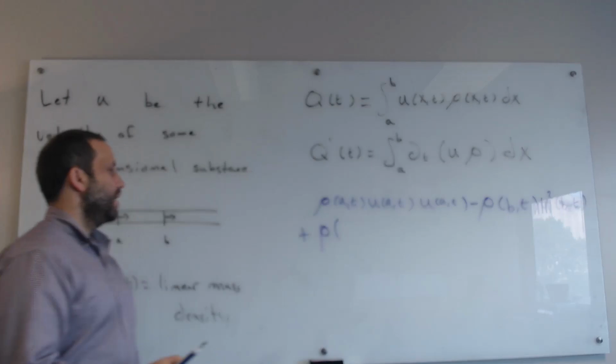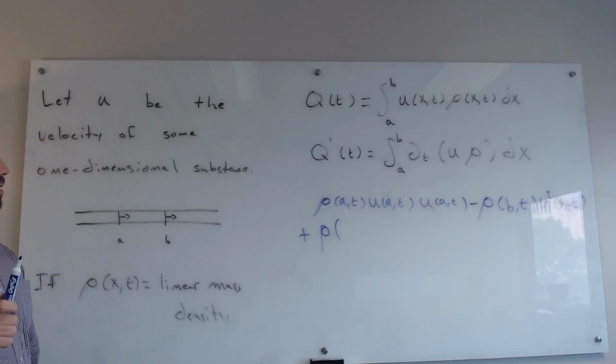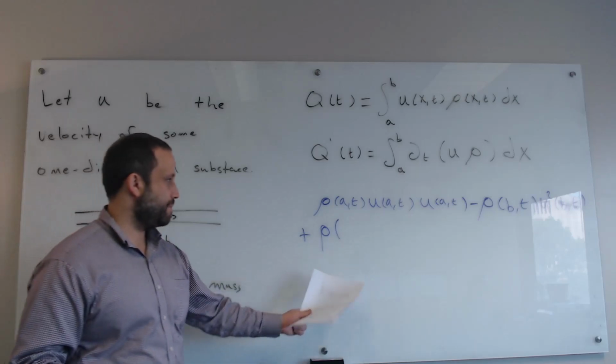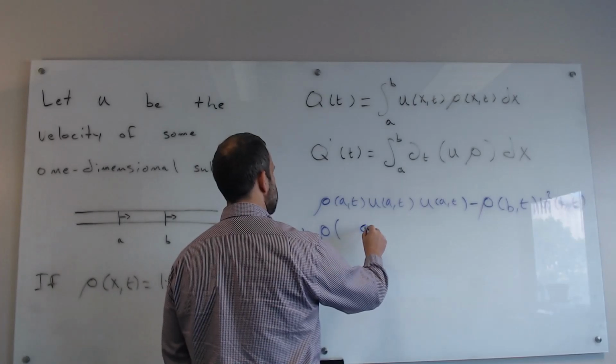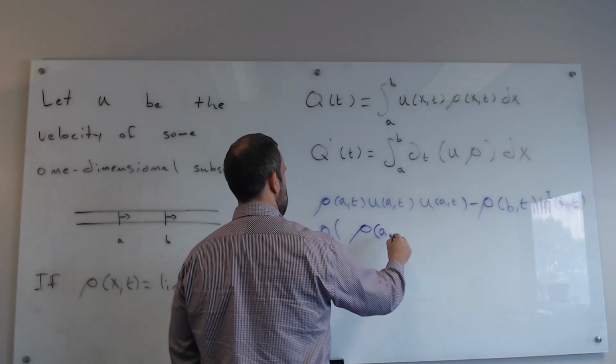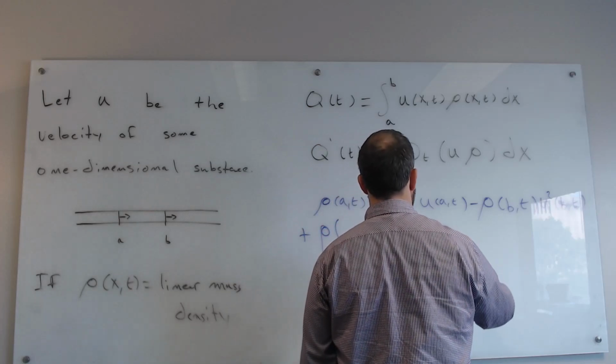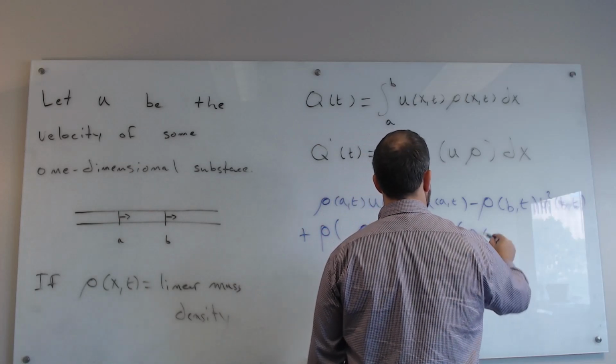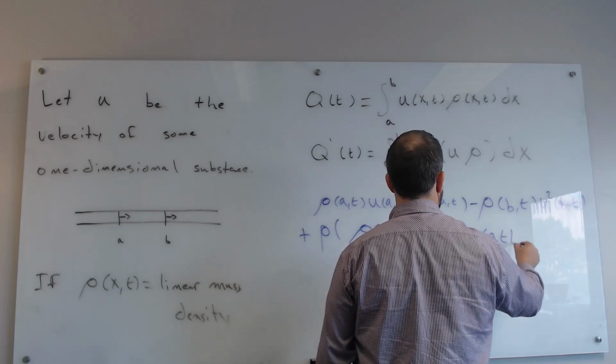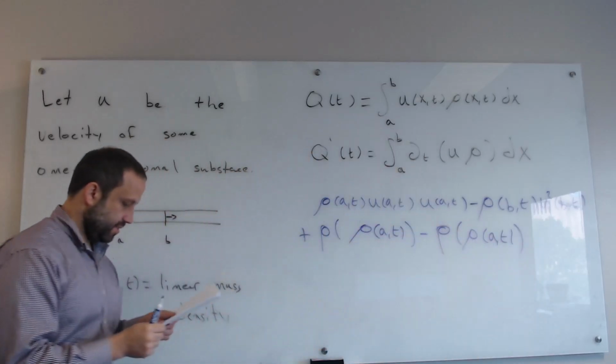Unfortunately, I'm going to be using P and rho. These are just the common notations. I'm going to try to make it clear what's a P and what's a rho. So this is a P, and this is a rho of t, minus this is a P, and that's a rho, like this.